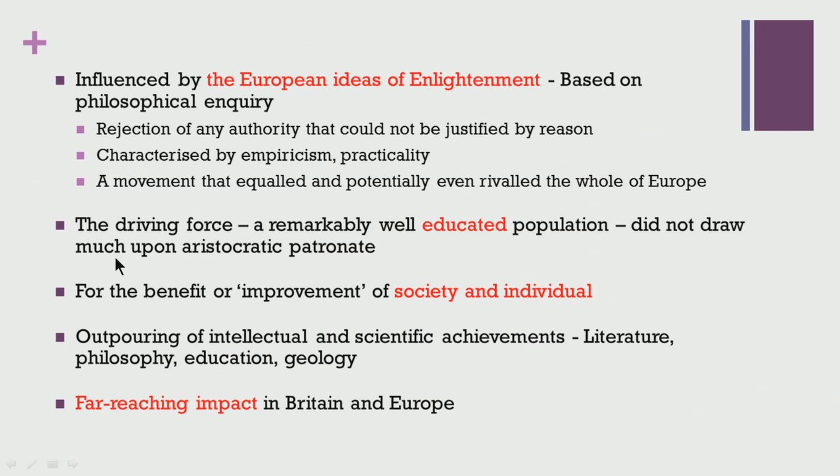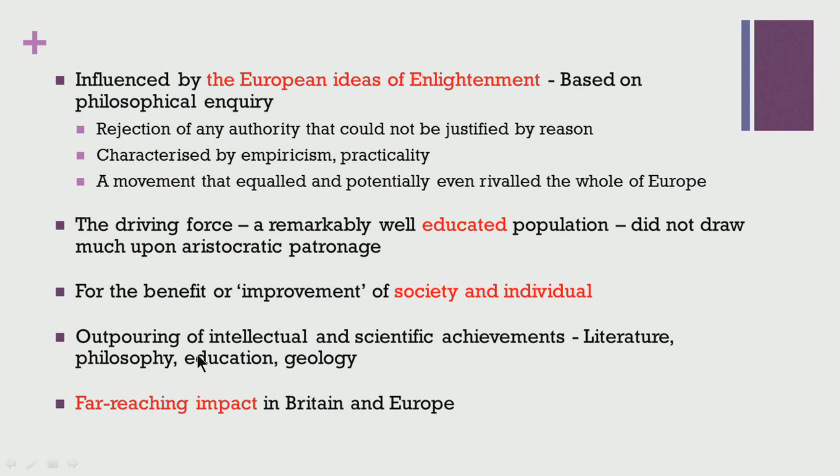In that sense, there was yet another thing which made the movement in Scotland quite different from the aristocratic movements in certain other parts of Europe, for instance, like in France. In Scotland, the driving force was a remarkably well-educated population, and they did not draw much upon aristocratic patronage.